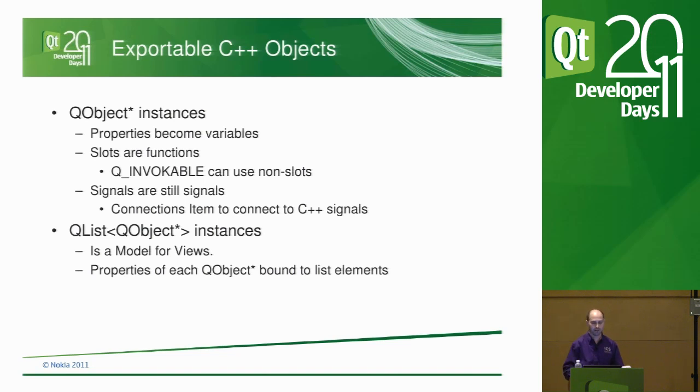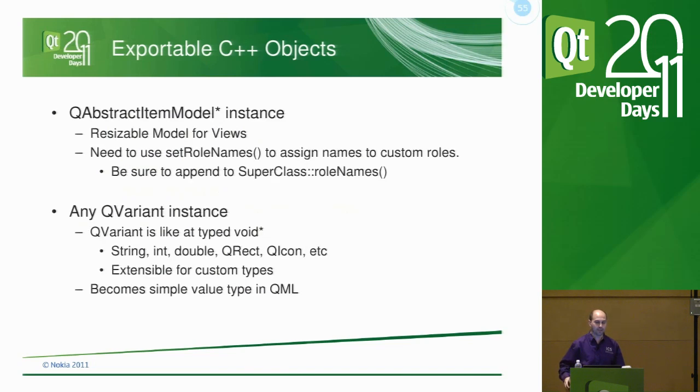You can export a QList of QObjects, and this can be used as a quick and dirty data model. However, you can't insert or append onto the list. It's just a quick and dirty list of items. And the most powerful thing that you can make and export from C++ is an abstract item model pointer.